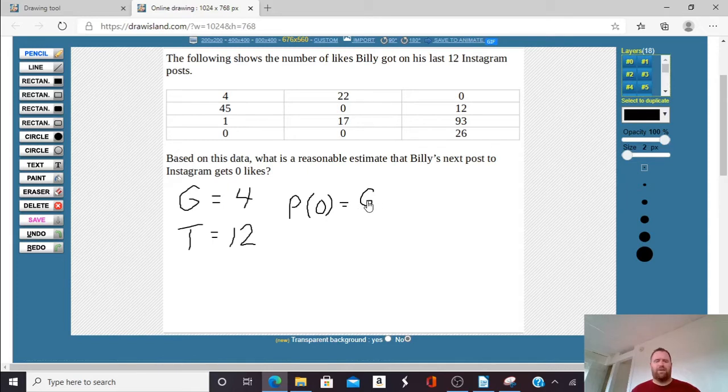In this case, a good outcome is considered 0 likes over the total outcomes. So it's going to be 4 over 12, which simplifies to 1 over 3, or as a decimal rounded to 2 places is 0.33.